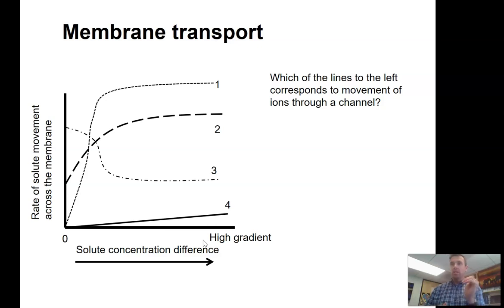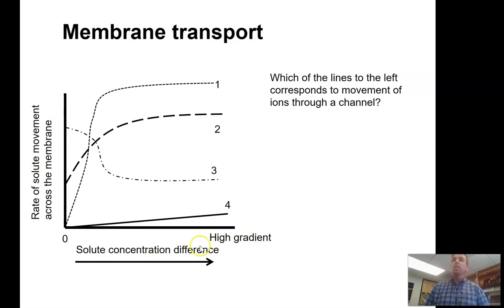In other words, one side of the membrane is going to have a lot more of that molecule than the other side. Right? And then on the y-axis we have rate. Again, we're starting down here at 0, but this is a rate of solute movement across the membrane. So if you have molecules moving across the membrane, what's going to happen with the rate as you get more and more of that concentration gradient?